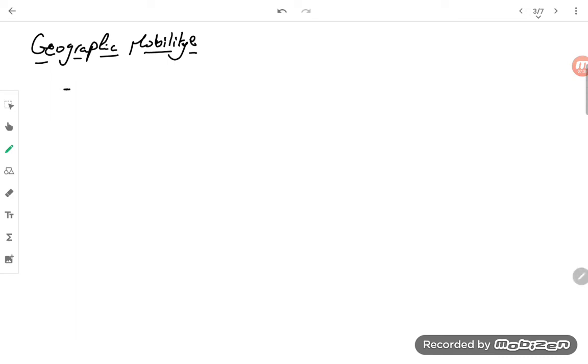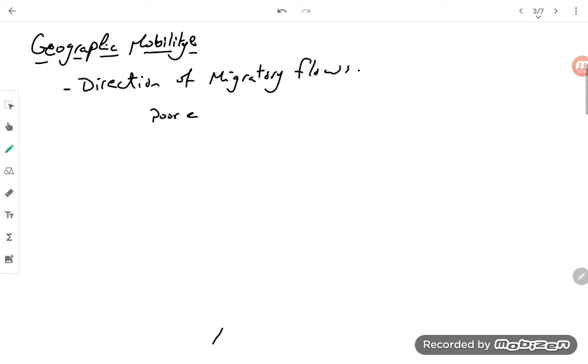So what is the factor that affects the direction of migratory flows? Migratory flows are affected mainly by earnings. People would like to move from a country or region of poor earnings to better opportunities.